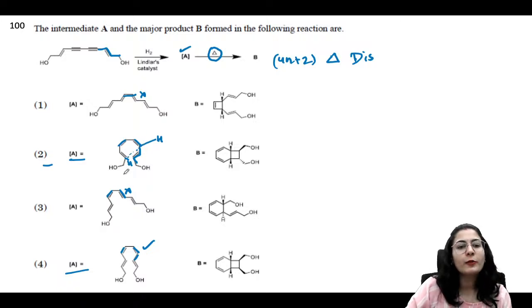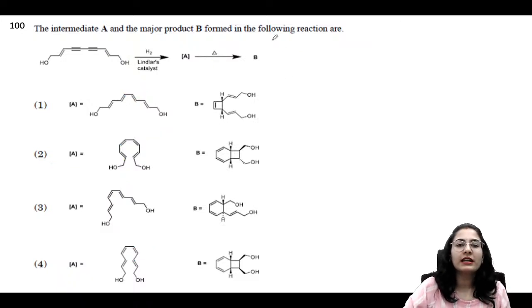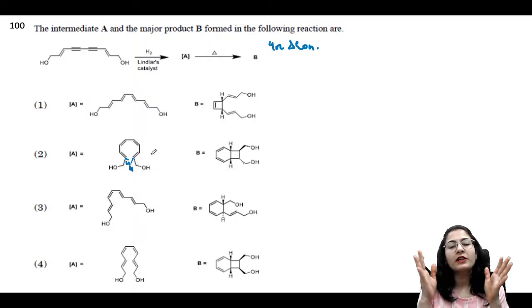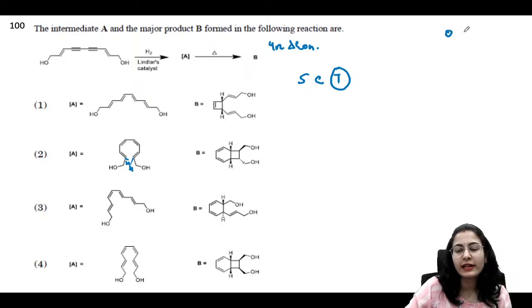ठीक है, या तो हम एक काम करते, पहले हम कराते 4n ring closing. If you are doing a 4n thermal conrotatory ring closing, how is it going to be? See, there are two hydrogens in this way. Both the groups are on the same side. So same side conrotatory will give you trans. ये एक simplification वाला rule है.